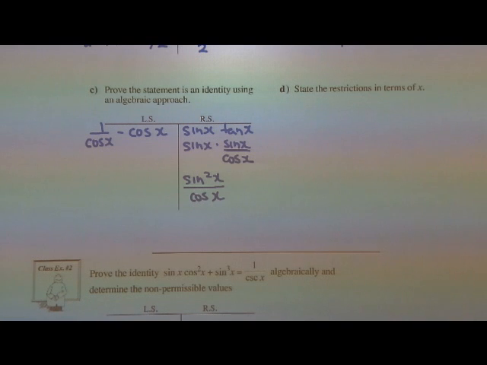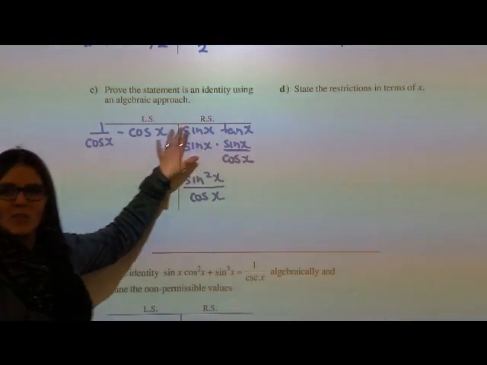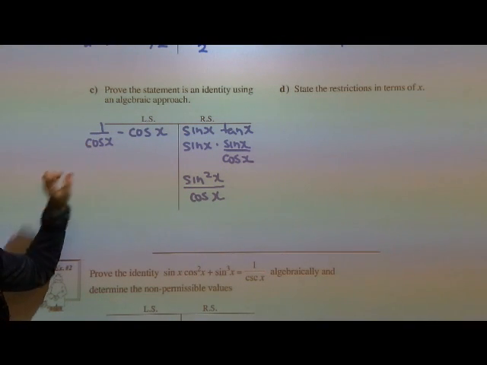So I get this sine squared x over cos x. I can look on the formula sheet to see if there's anything else there, but really, once I get to one term over one term, it's probably not a lot that I can do more. So now I can use this to help me on the left-hand side.